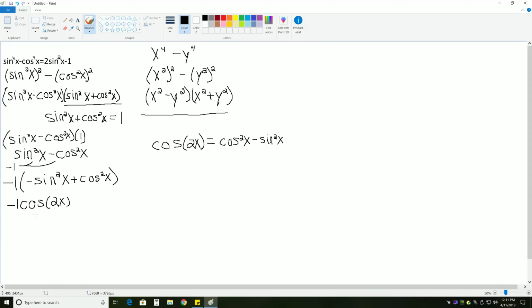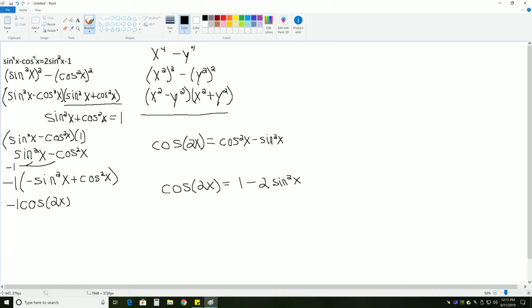And now from here, we have one last identity that we can work with that says cosine of 2x is equal to 1 minus 2 sine squared x. Notice this looks almost exactly like what we needed in the beginning, except the signs are opposite.